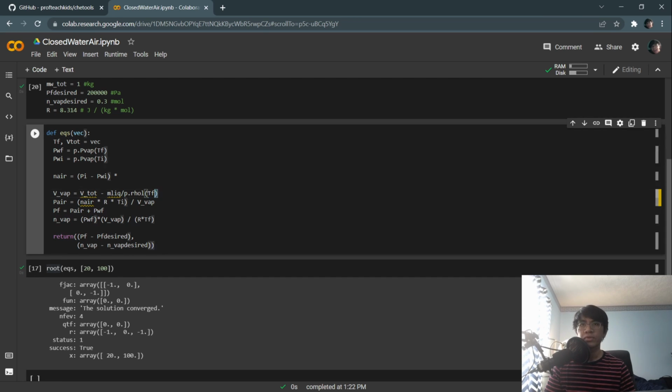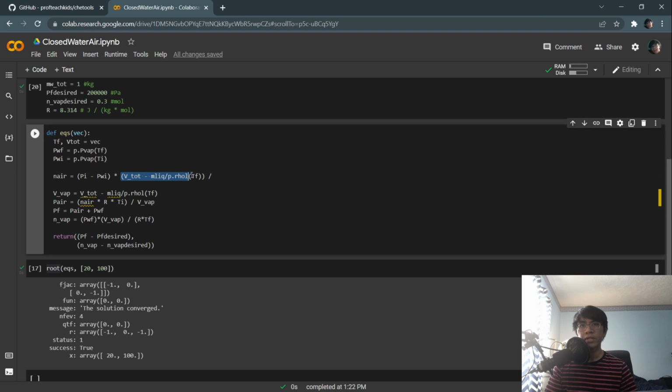So volume total. V vap is the volume of the vapor. We're using that for air because, again, ideal gas, we assume it occupies negligible space, and we use the same volume for both the vapor and the air, like we're doing right now.